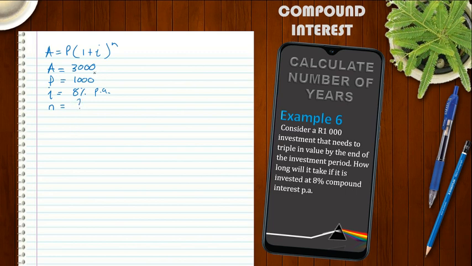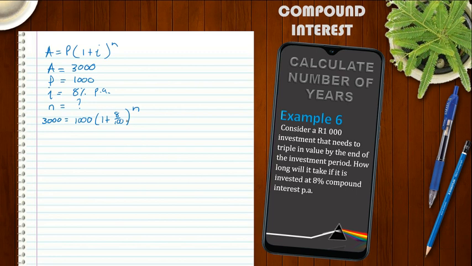So what we're going to do is substitute everything that's given, and we're going to solve for n. So A is 3,000, and then we have P is 1,000, and (1 + 8/100) to the power of n. Okay, so what we want to do here is use logs to solve for the n value. But before we can do that, I want my base exponent.